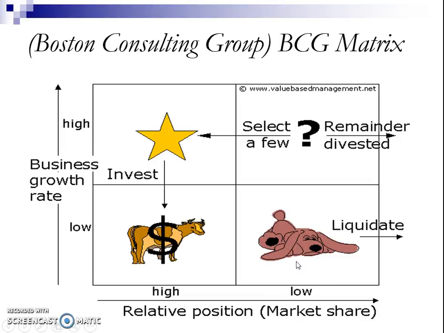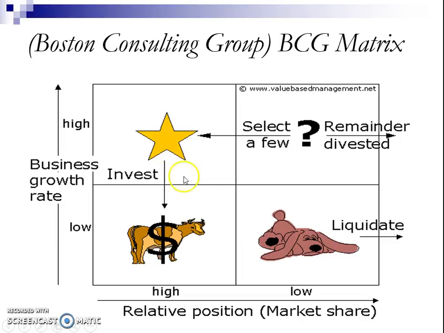Now, as per the Boston Consulting Group, in a multi-business firm, the money flow in an organization should happen in a particular manner, or rather, they should be organizing their resources and cash flow in a particular way.